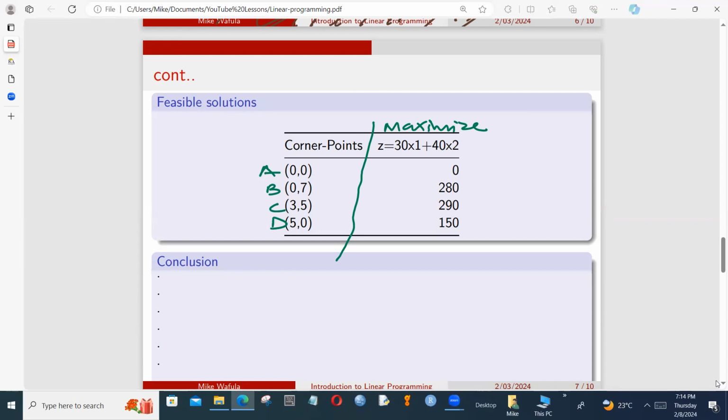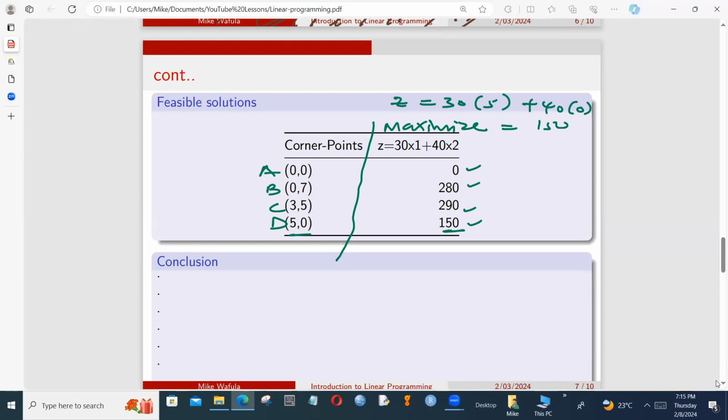So if I substitute these points, for example, a point like 5, 0 into this objective function, 30 into 5 plus 40 into 0, you find that this gives you 150. And if you substitute all the corner points, you get these solutions.